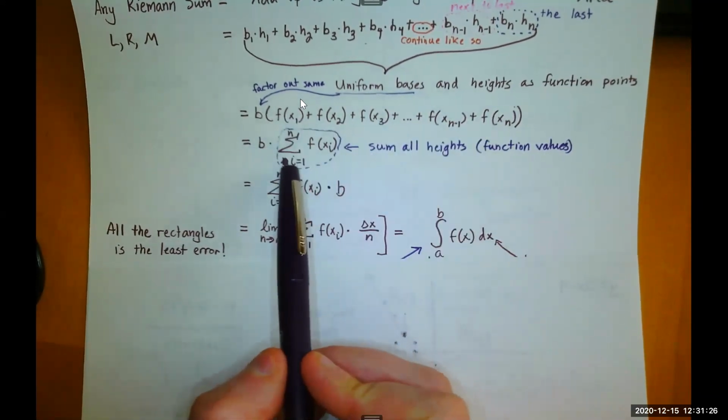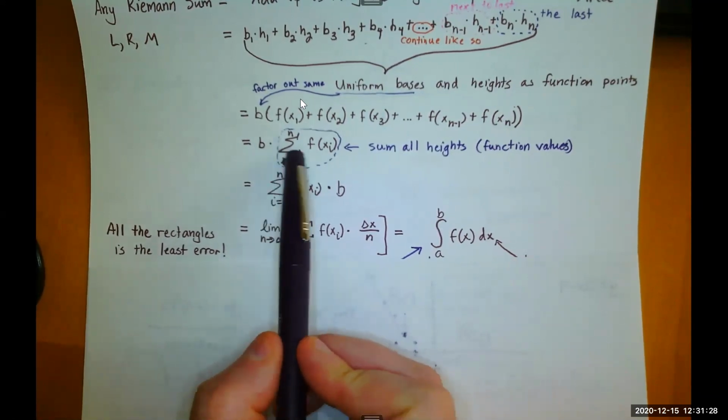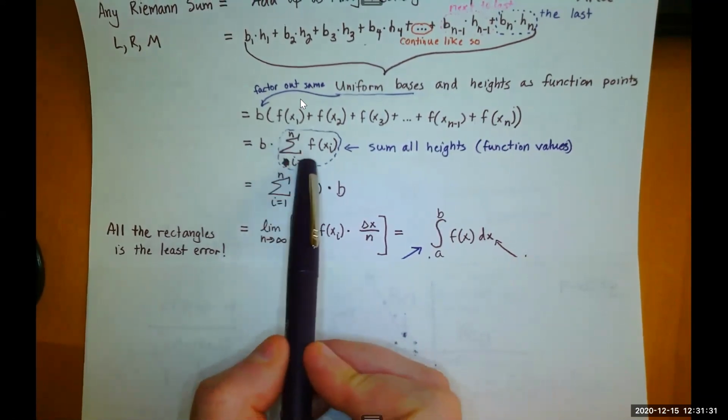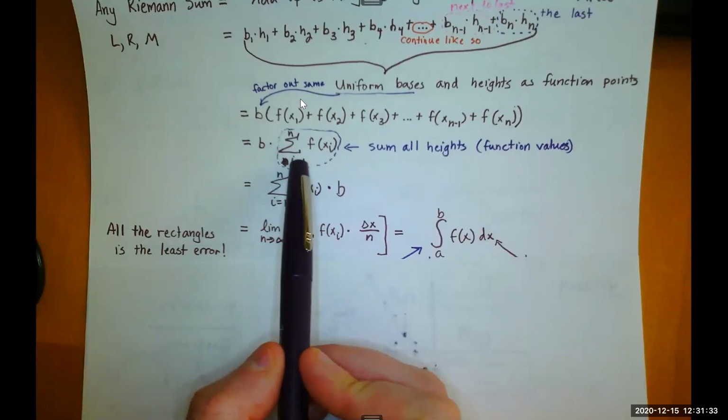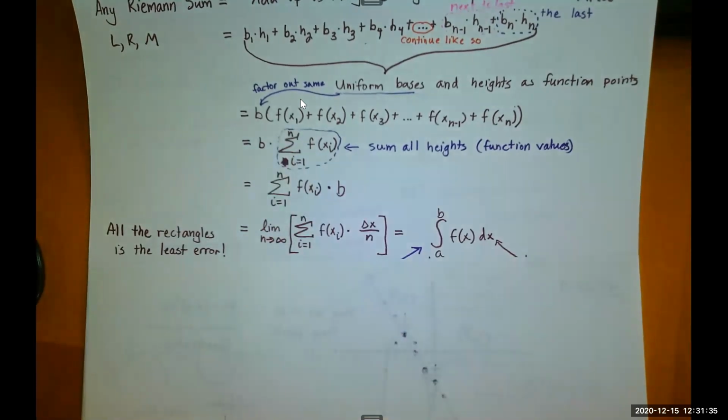So I've written that using sigma notation. So capital sigma here, and then we have our index i equals 1 all the way up to n. N would be however many of the things we're doing. So n could be 10 or 1,000 or infinity. More on that down here.